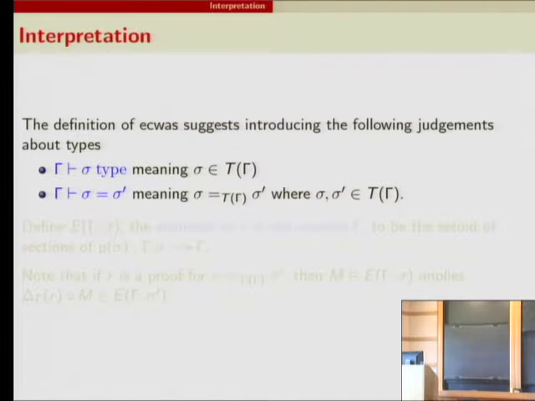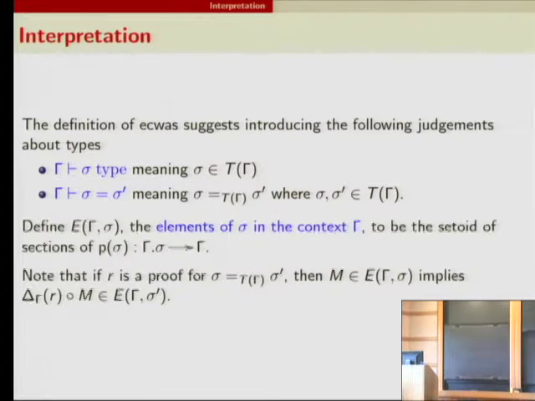So sigma is a type in context gamma. That would be that sigma is a member of that. And the equality is, of course, equality in that one. So those were the easy ones. Right. As mentioned, the elements of a type in a context will actually be a section of the corresponding projection here.